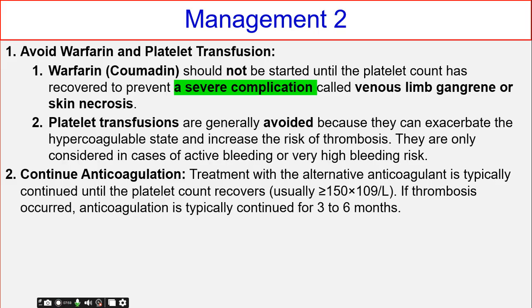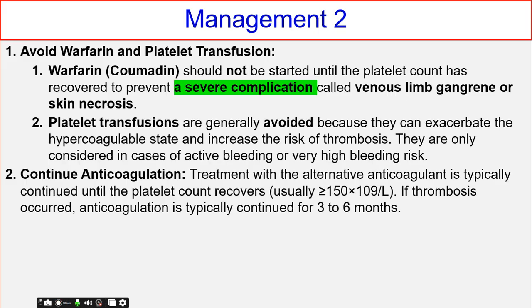As well as platelet transfusion, we can avoid it for fear of the hypercoagulable state and increased incidence of thrombosis. We can go with platelet transfusion only in life-threatening bleeding or in massive destruction of the platelets. After the platelet number recovers to normal level, we can start anticoagulation for 3 to 6 months according to the plan of treatment of venous and arterial thrombosis.